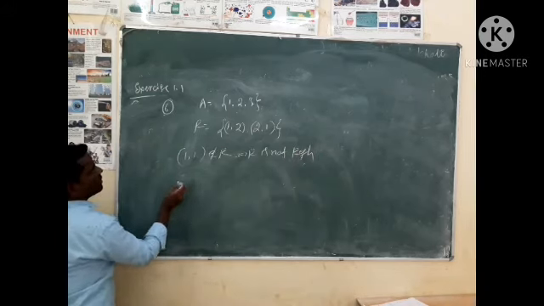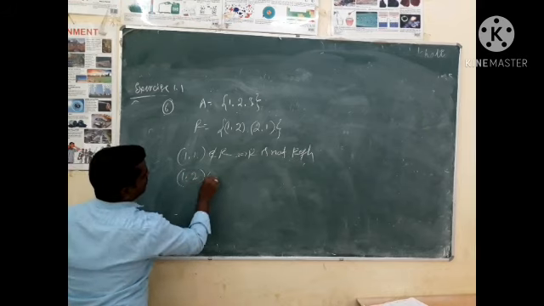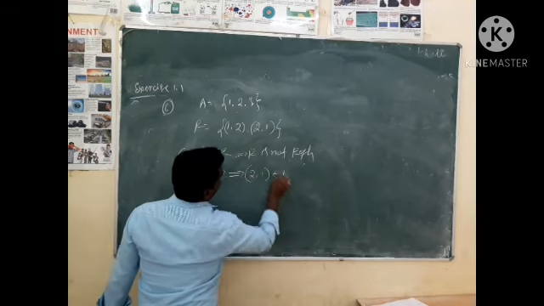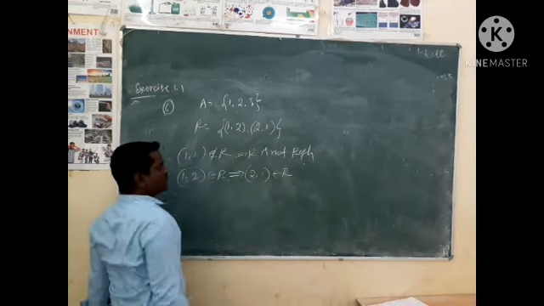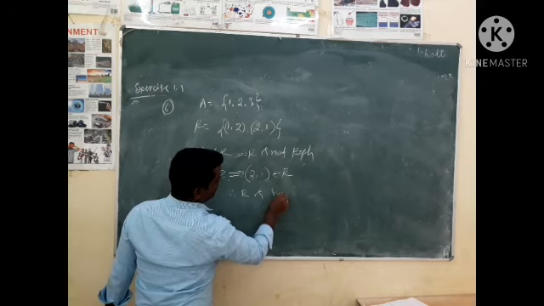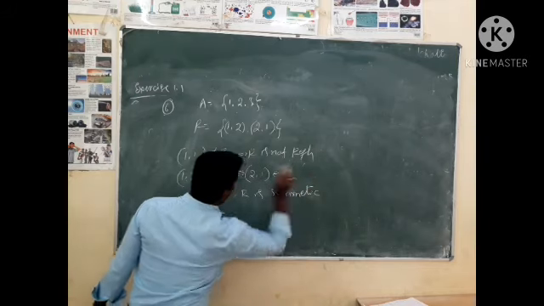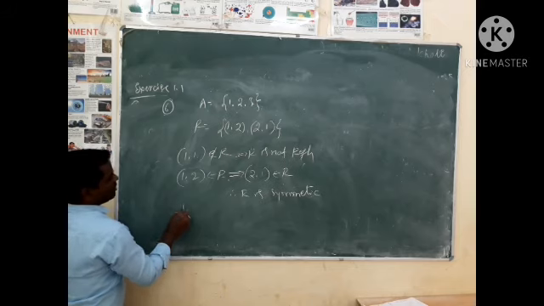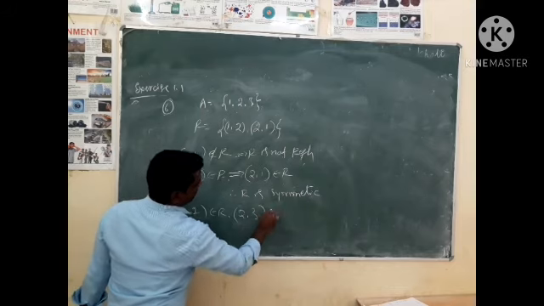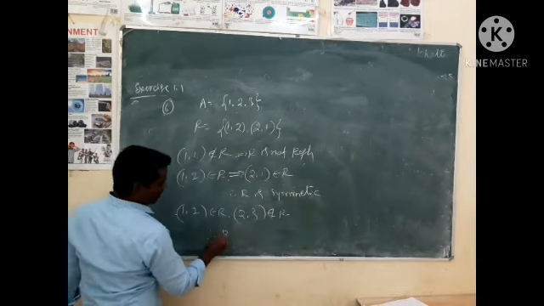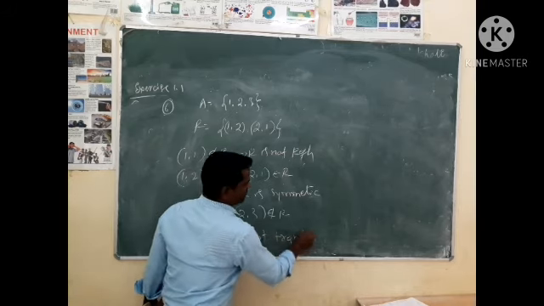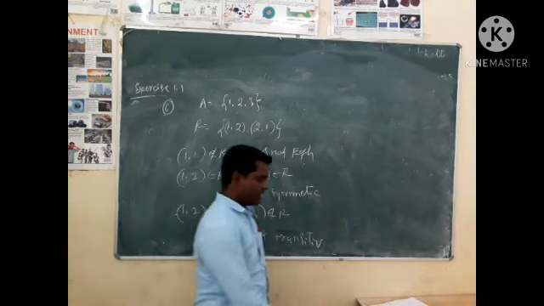Next, (1, 2) belongs to R implies (2, 1) also belongs to R. Therefore, R is symmetric. Then (1, 2) belongs to R, but (2, 3) does not belong to R. Therefore, R is not transitive. Okay, this is the answer.